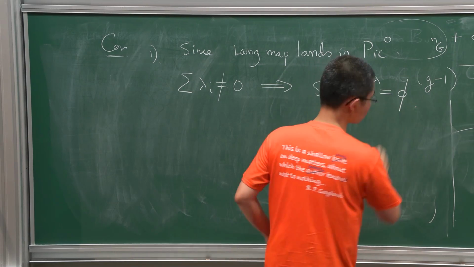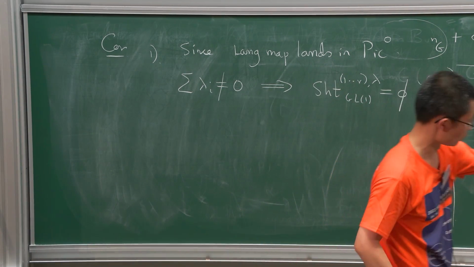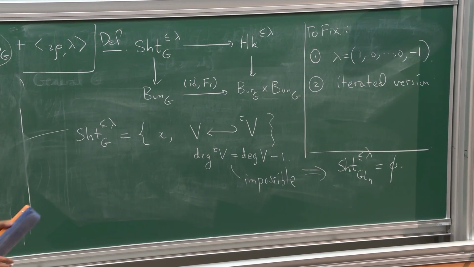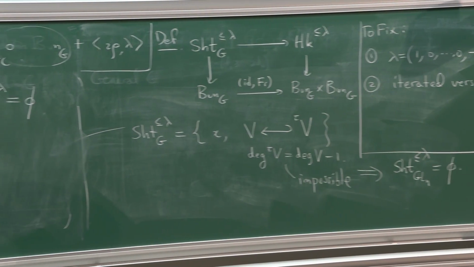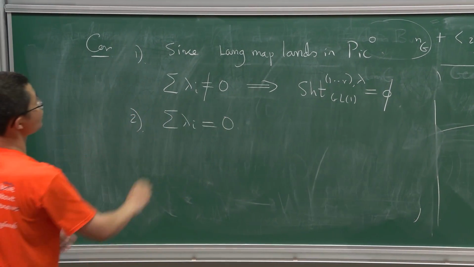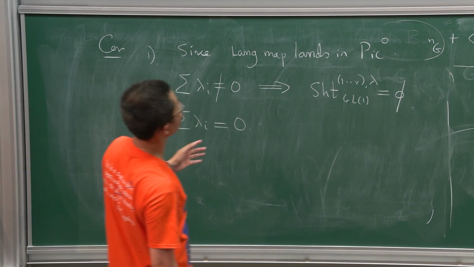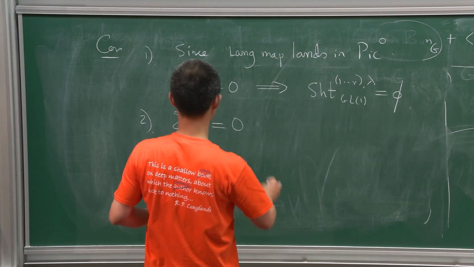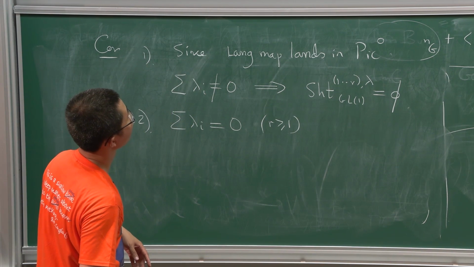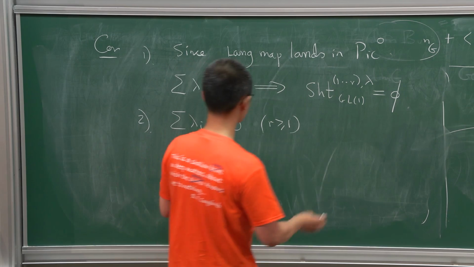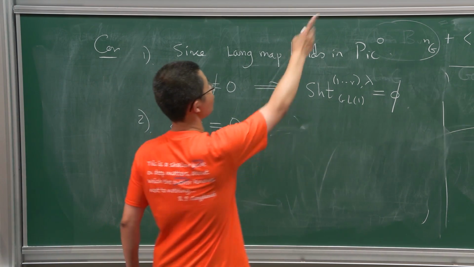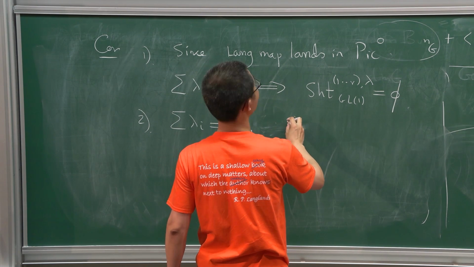So this is a similar phenomenon to the emptiness here. Okay, we did not choose a correct lambda. Now, on the other hand, if their sum is 0 and r is at least 1, then we can see this is non-empty.